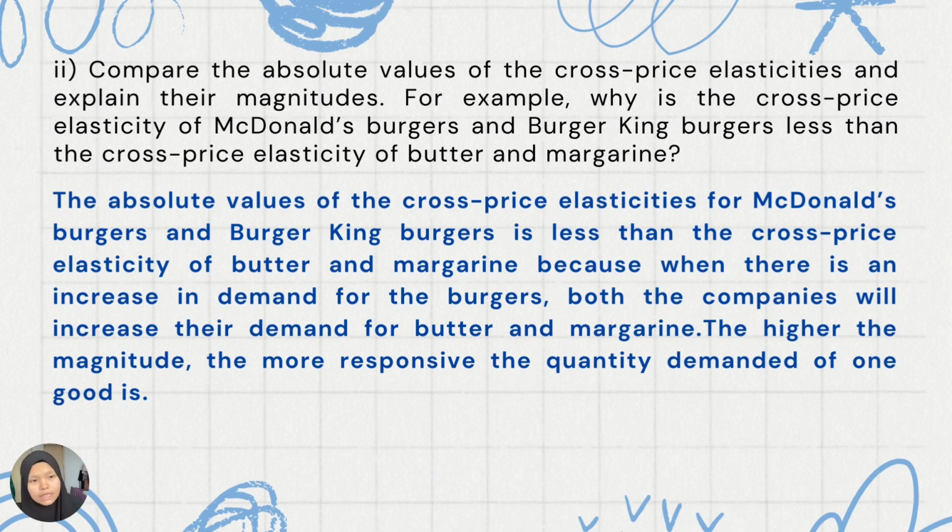So the answer is the absolute value of the cross price elasticity for McDonald's burger and Burger King burgers is less than the cross price elasticity of butter and margarine because when there is an increase in demand for the burgers, both the companies will increase their demand for butter and margarine. The higher the magnitude, the more responsive the quantity demand of one good is.